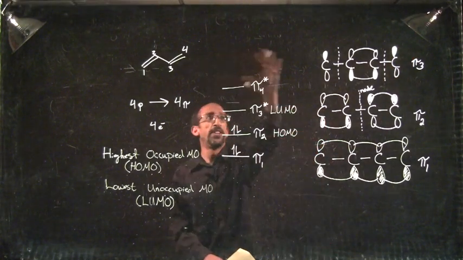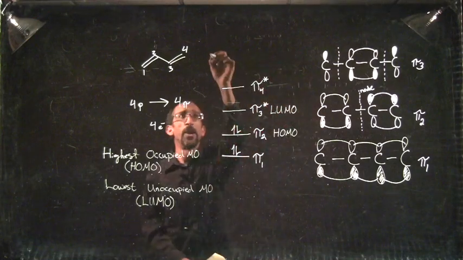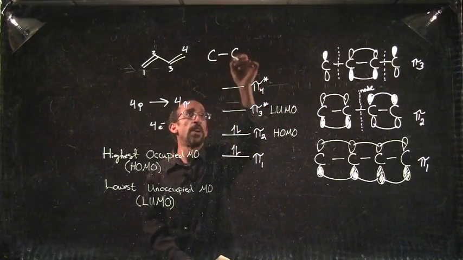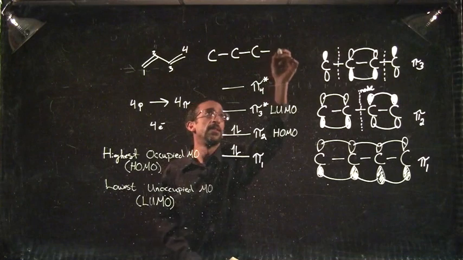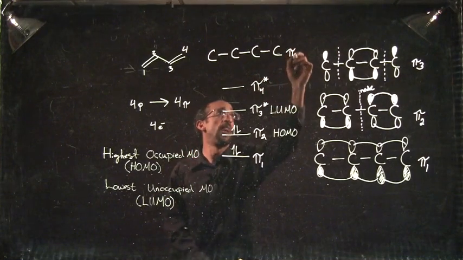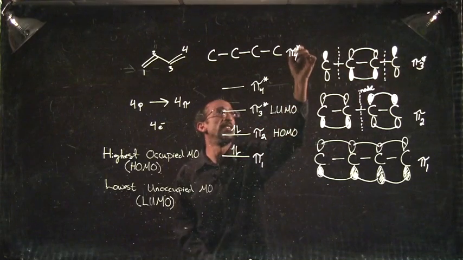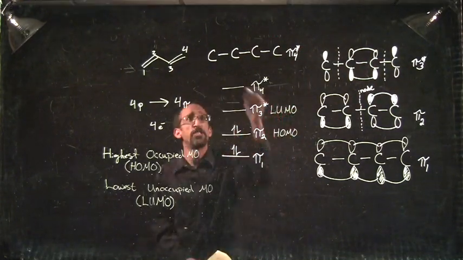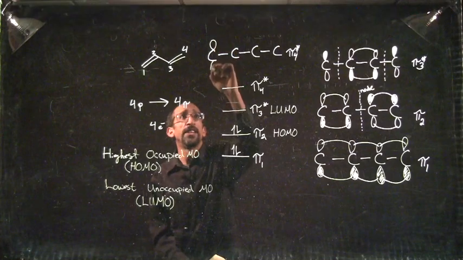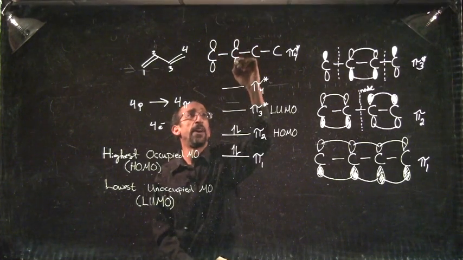Finally, I'm just going to move over here due to space, but for pi 4, I can repeat this process one more time. So here now I'm going to do pi 4, and both pi 3 and pi 4 are anti-bonding interactions, and we'll get back to that in just a second. So we've gone from pi 3 to pi 4.